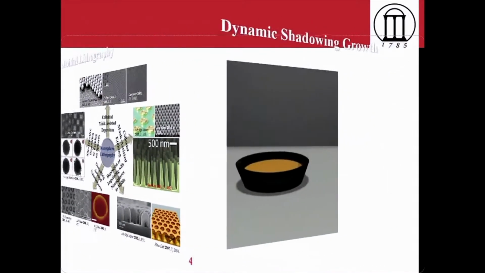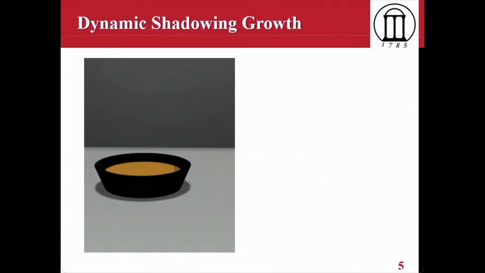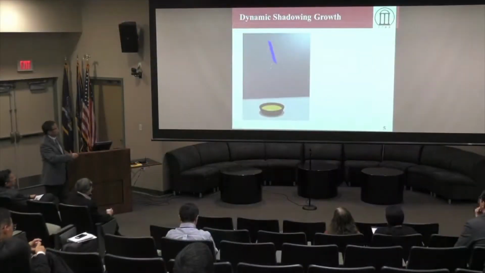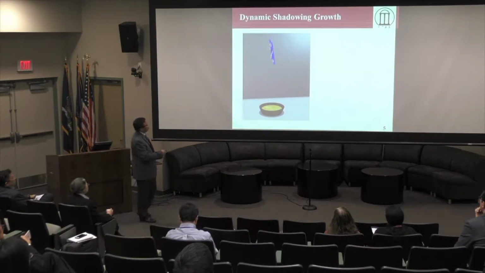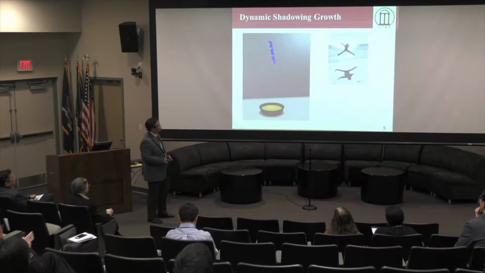However, if we change the deposition configuration a little bit for the thin film deposition, this is the so-called dynamic shadowing growth or glancing angle deposition. So in a vapor deposition system, if this is the source, you tilt the substrate at a very large angle. When vapor comes down over here, there's a so-called shadowing effect, right?